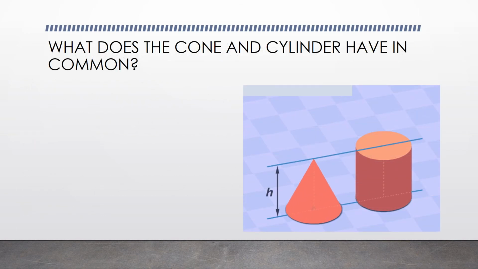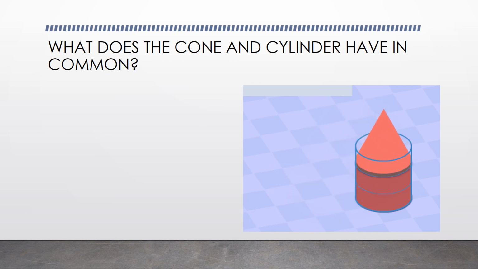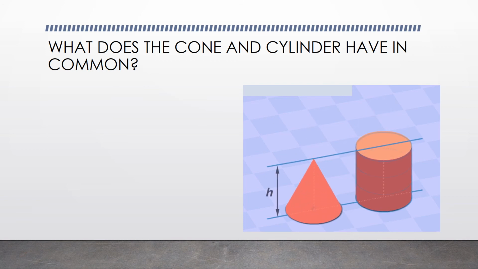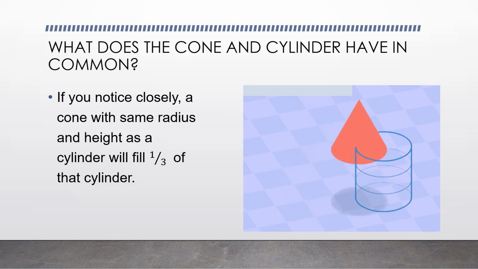What does the cone and cylinder have in common? Please take a look at this animation. That's a cone being put into a cylindrical object. Another one. Another one. So please note that if you pay keen attention, a cone with the same radius and height as a cylinder will fill 1/3 of that cylinder.